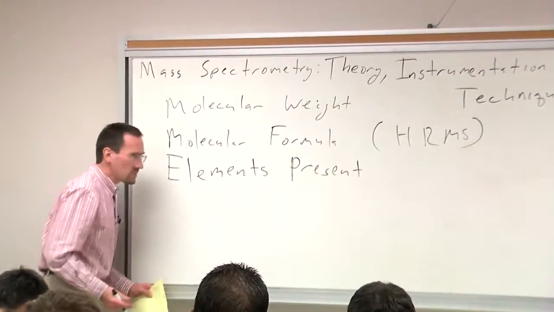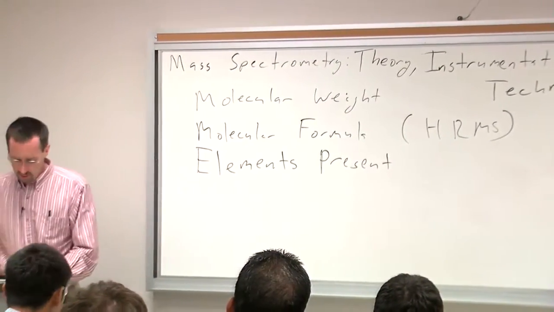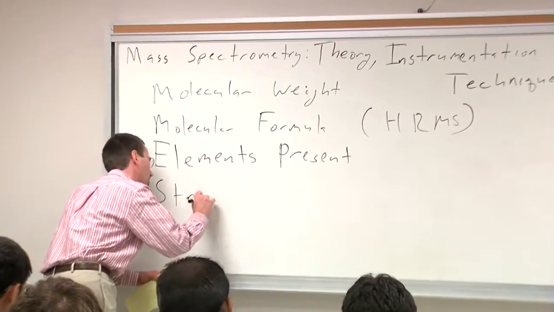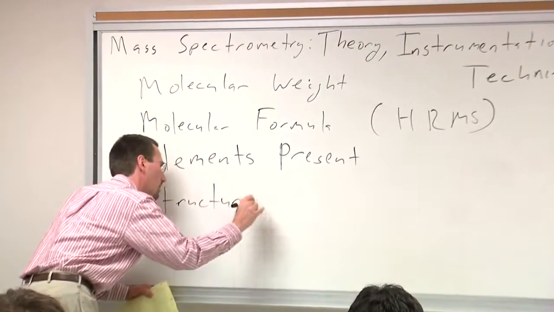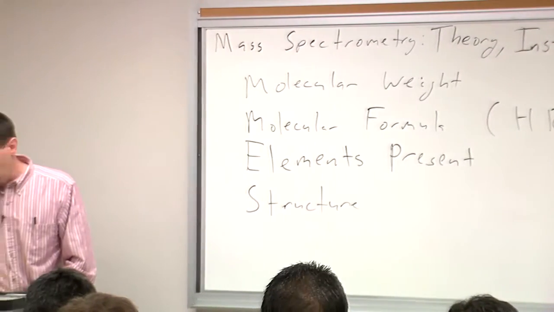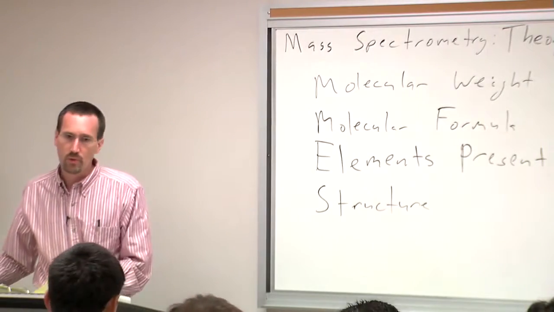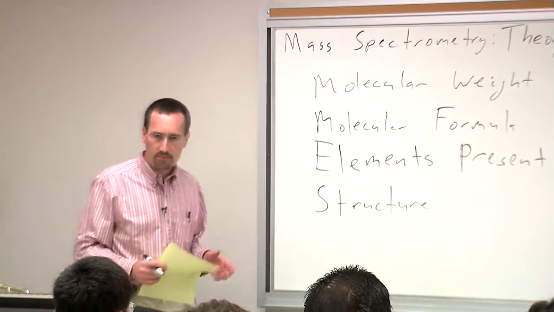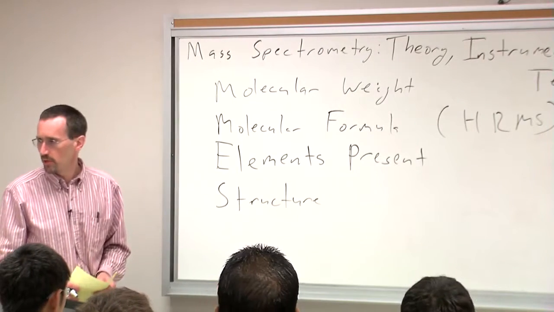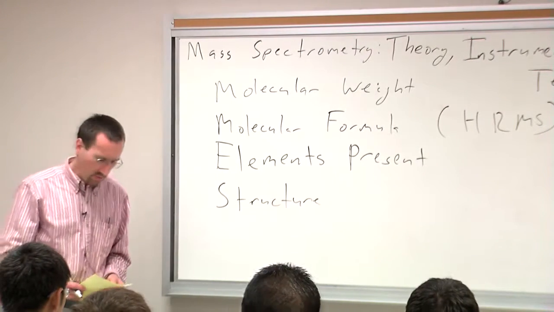And these days, mass spec can also be incredibly valuable in getting structure. It's in fact become central to biomolecular mass spectrometry, to sequencing peptides and proteins, but also for more traditional organic structures and natural products.